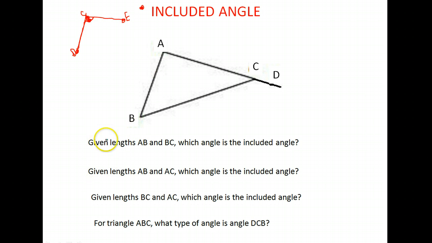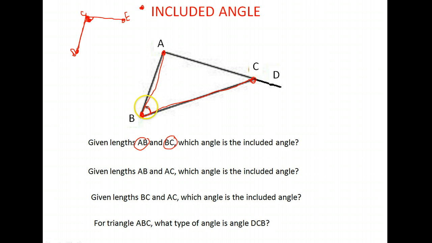So let's practice that. Given lengths AB and BC, which angle is their included angle? Let's outline those. So AB and BC. What angle is included? Basically, what angle do they form?